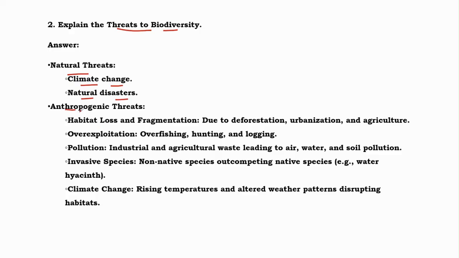And anthropogenic threats, that is habitat loss, fragmentation due to deforestation, urbanization and agriculture, overexploitation, overfishing, hunting and logging. Then pollution, industrial and agricultural waste leads to air, water and soil pollution.